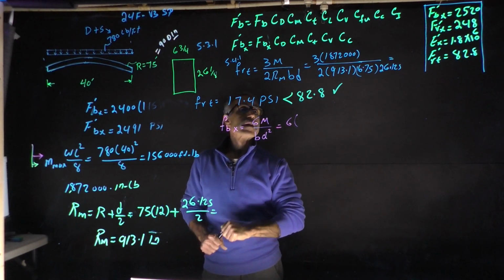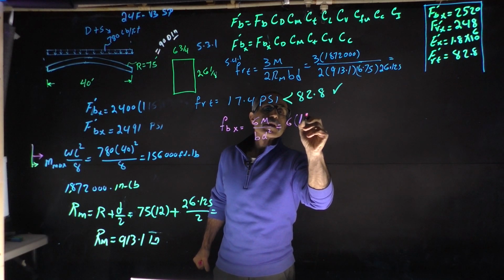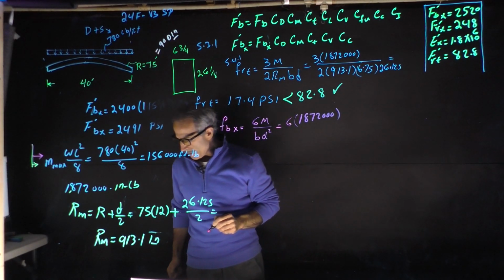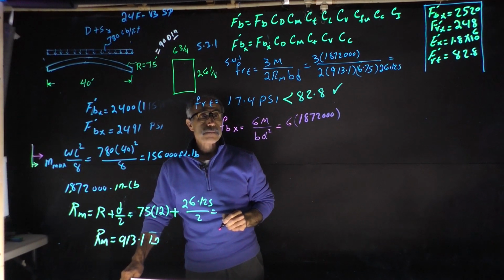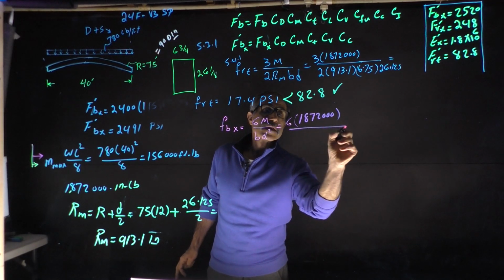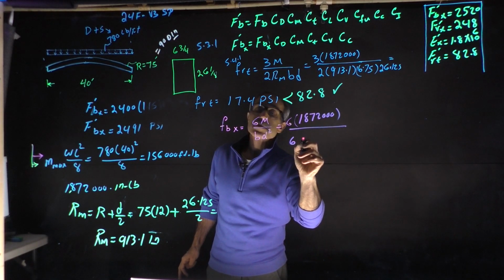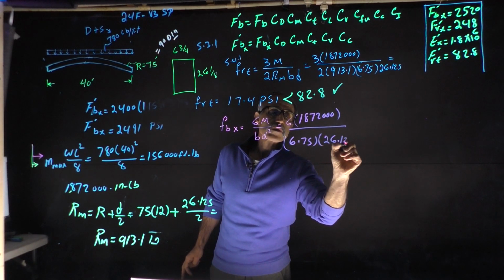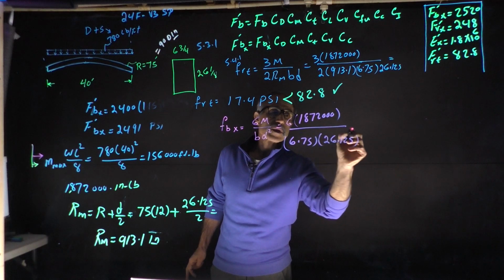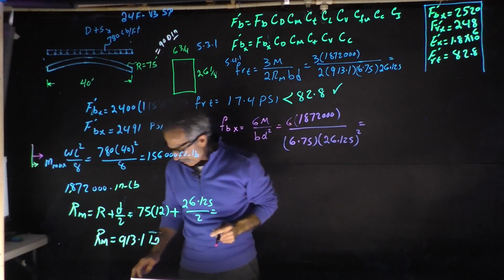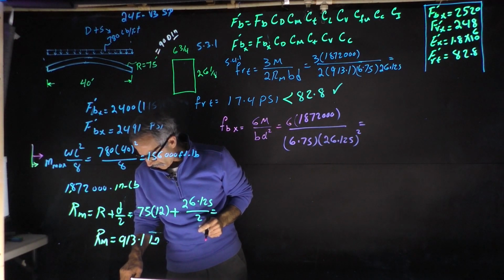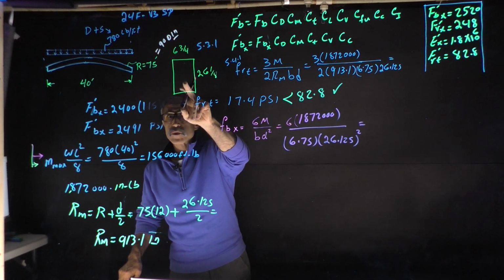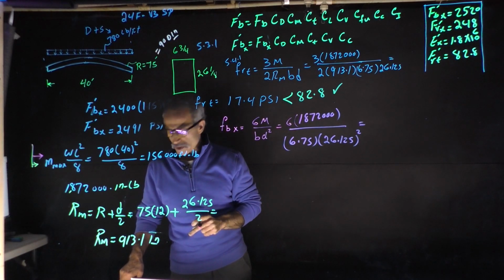6 times 1,872,000 divided by B, 6.75, times 26.125 squared. Or we can do M divided by S, and I have to look up the chart for what S was.